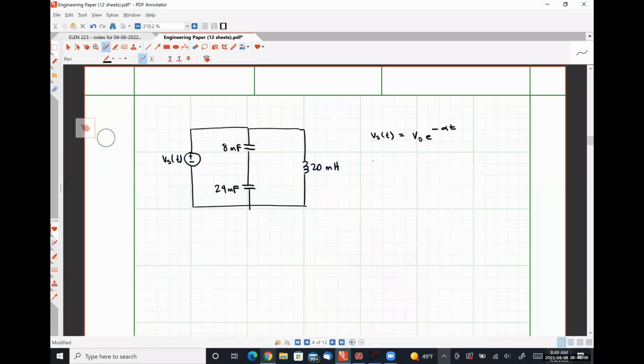And we are told that our source current, which is this guy right here, at t equal to 0 has some specific value, which I am going to call IS naught. We're going to solve this symbolically. And our ultimate goal in this case is to determine IS as a function of time.